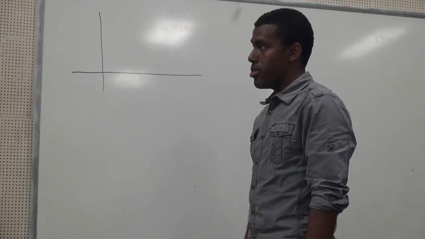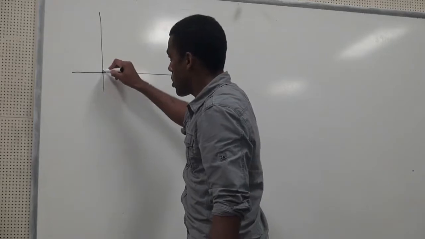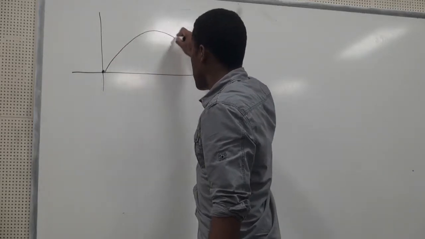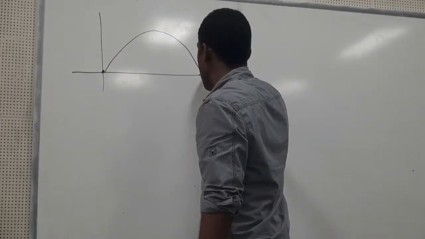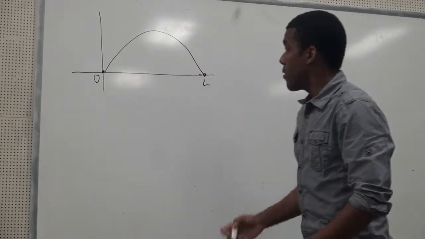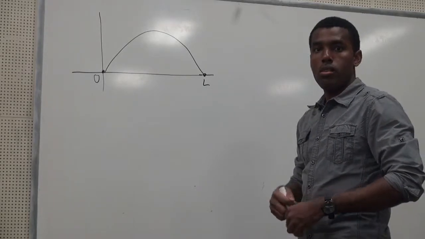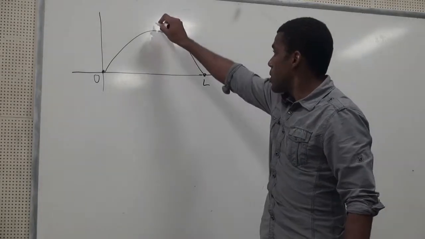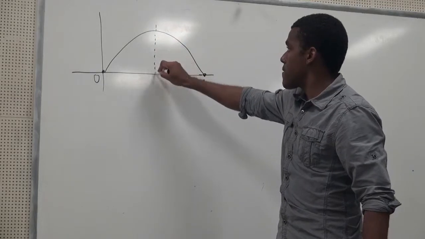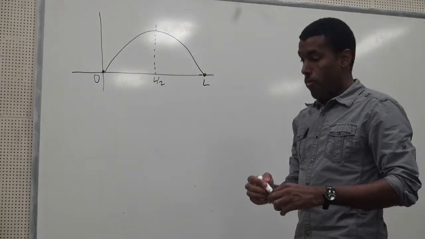So when x is 0, you just have 0. And then it goes up, because sine goes back, and it's 0 again when you hit L. Which means we should be able to use symmetry here. The peak is going to be at x equals L over 2.